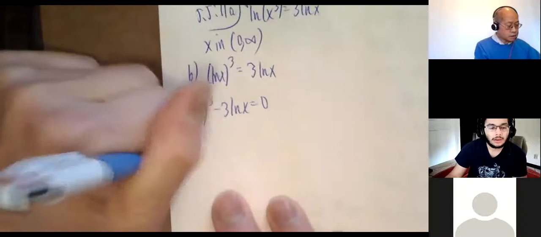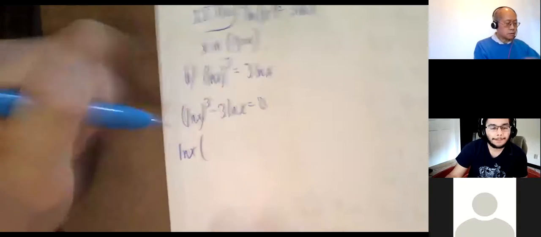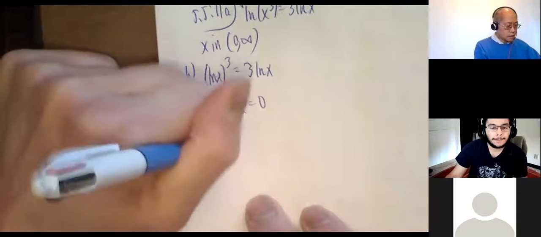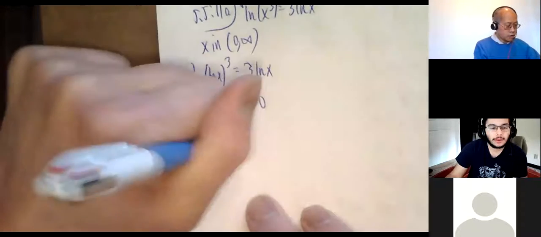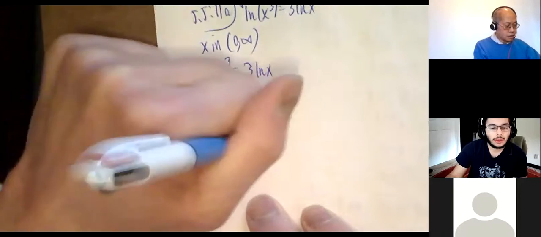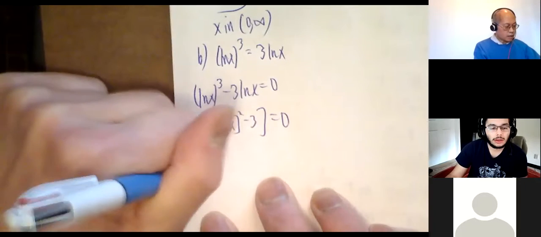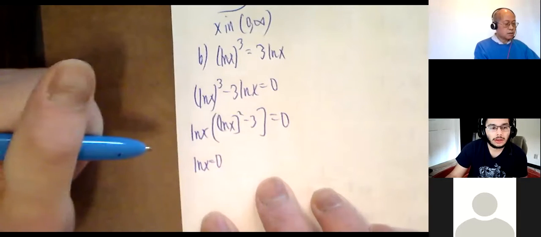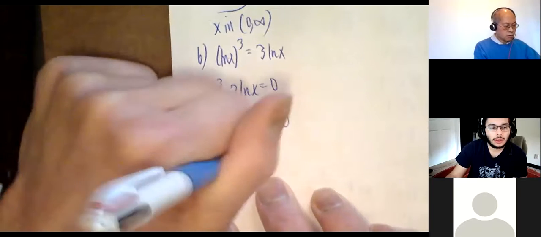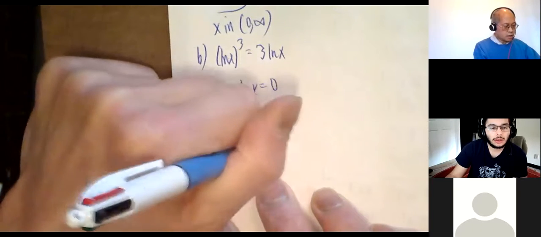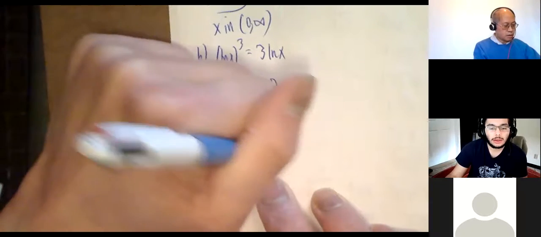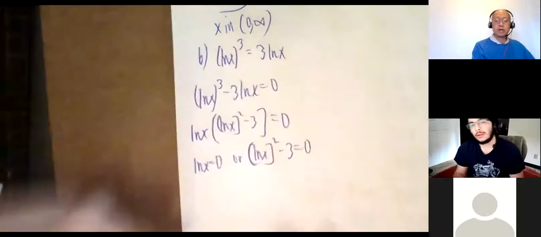Factor out an ln x. ln x times (ln x squared minus 3) equals 0. So ln x equals 0, or ln x squared minus 3 equals 0.